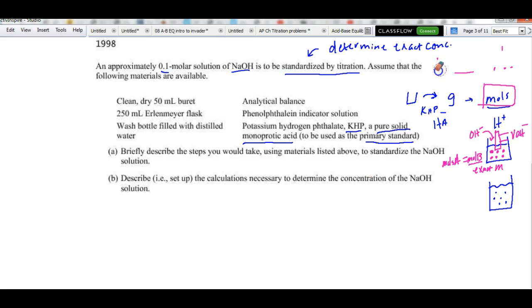One of the things that we do is you take this dry, solid acid and take its mass. It says, describe briefly the steps you would take using the materials listed above to standardize the NaOH solution. So your first step is to record the mass of it.